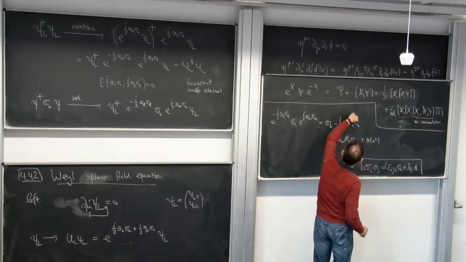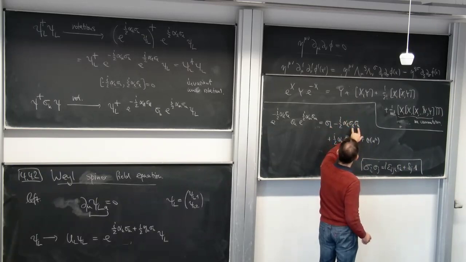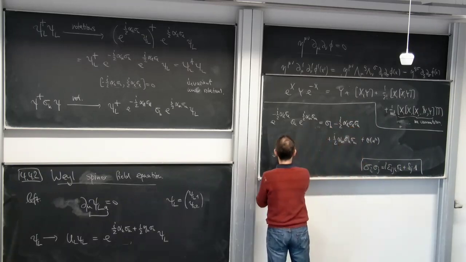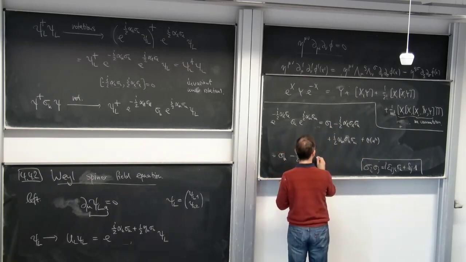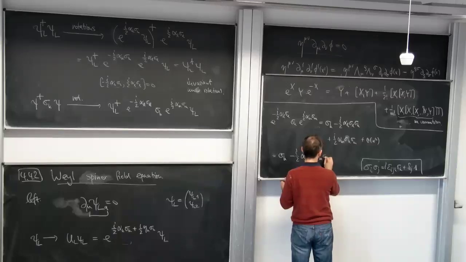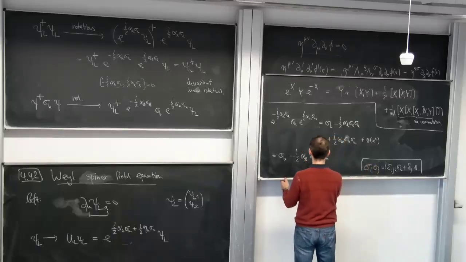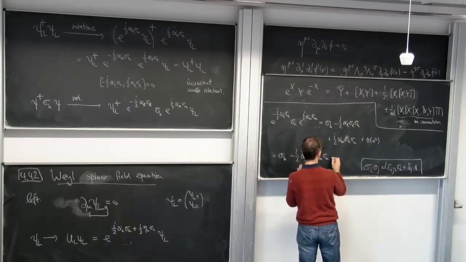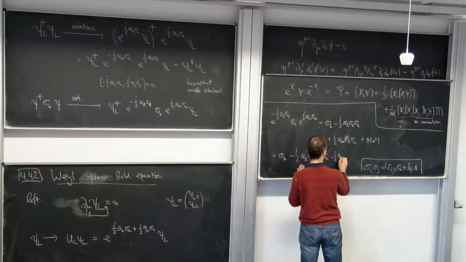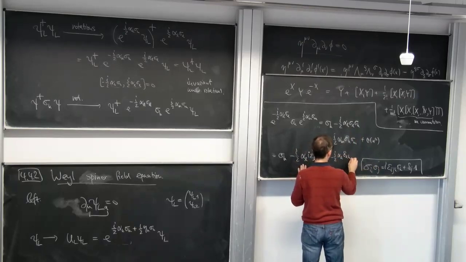Now, let's write this. Sigma_k minus i half alpha_l, now epsilon_lkm, let's do m, and then sigma_m, and then there's an i. So that is the first term here, and plus minus i half alpha_l delta_lk.